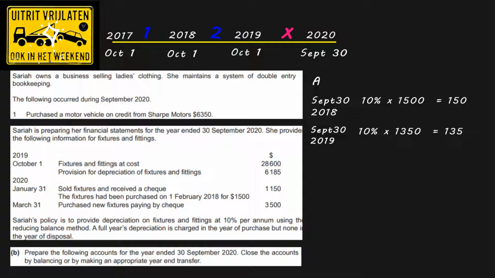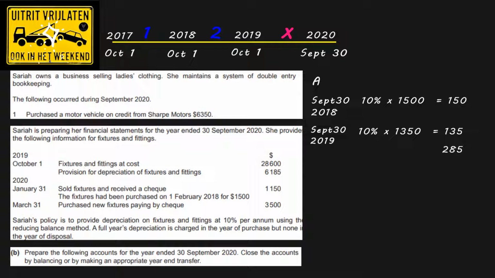Why is that so? Because they mentioned that we have to use the reducing balance method. So it should be 1500 take away 150 for your net book value. So 10% of 1350 will give us 135. So total depreciation charges will be 285 for this particular fixture A.